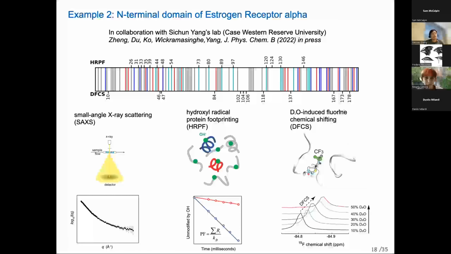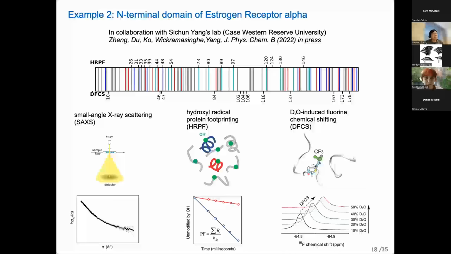And for F19 NMR, using the chemical shift of the F19 label at different deuterium solution, they can find the solvent accessibility of the fluorine label at that specific position.